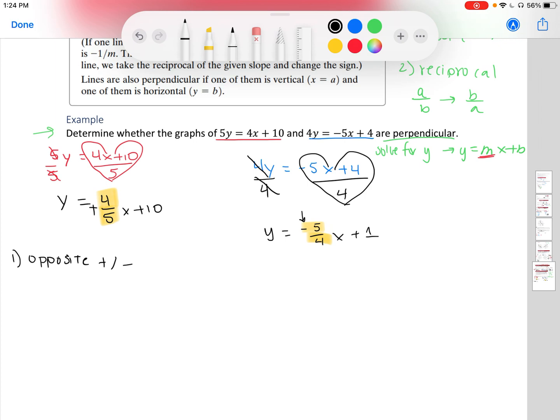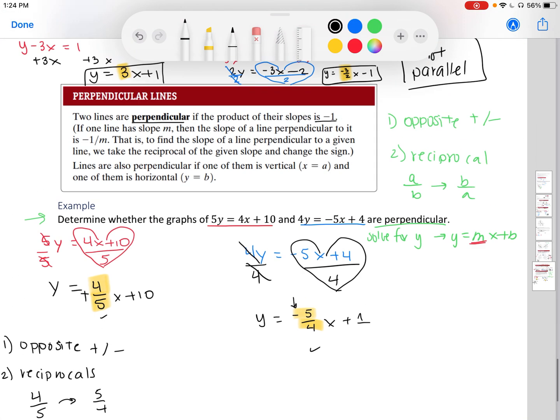And reciprocals: are they flips of one another? I have 4 over 5 for this one, and if I flip it, we're left with 5 over 4, which is this one. So yes, these two slopes are opposite reciprocals, and because of that, we can say they're perpendicular.